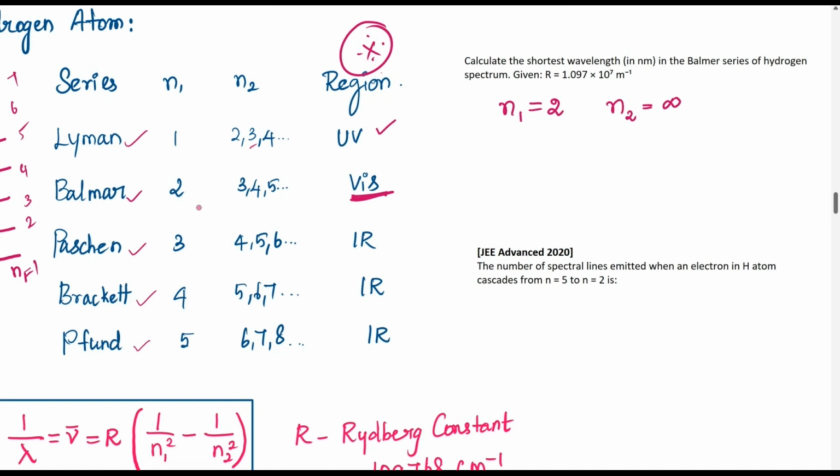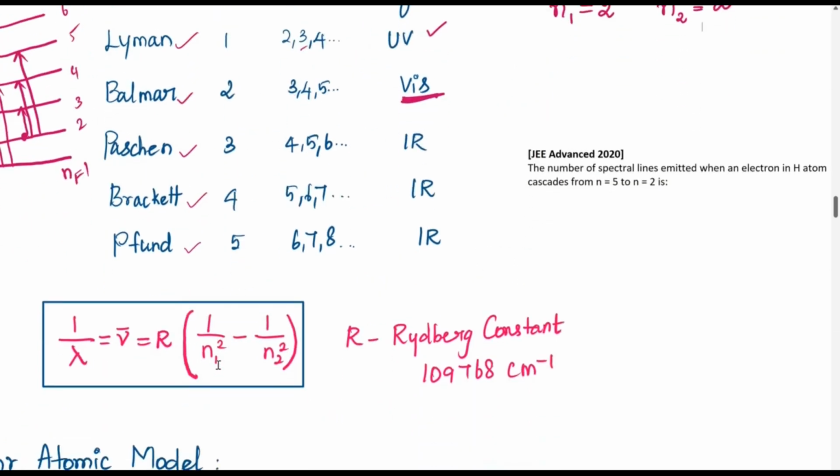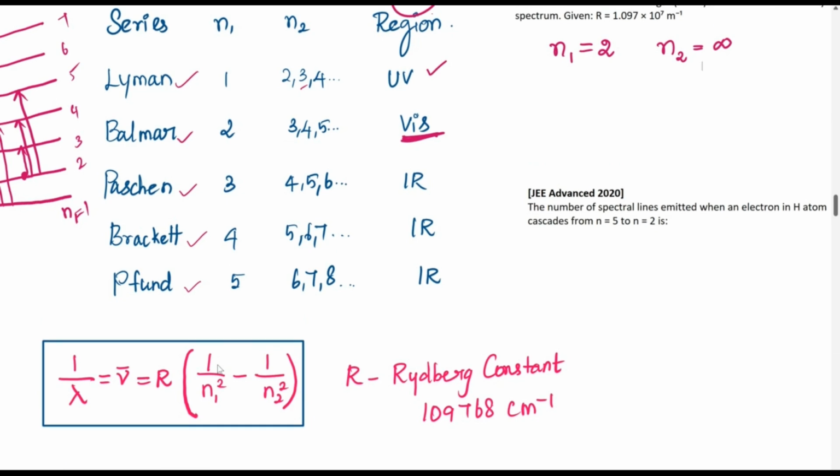And what is the formula to solve this? They are asking for wavelength, is it? So you can note down this formula, which is super important. 1 by lambda, that is the wave number, equals R into 1 by n1 square minus 1 by n2 square.